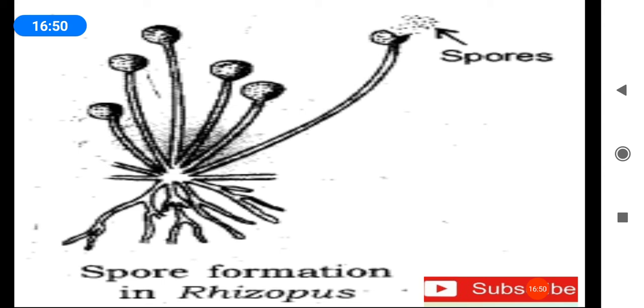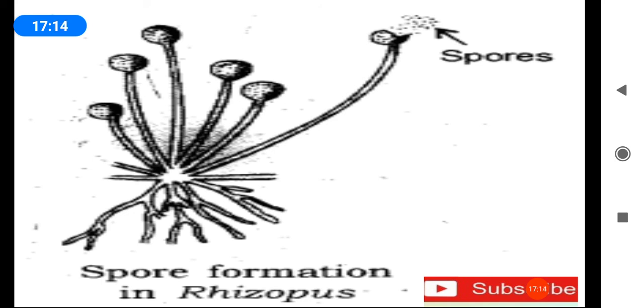What are the conditions necessary for growing plants? Yes, a good supply of water, proper temperature, and nutrients. Under these favorable conditions, the spores develop into young ones.